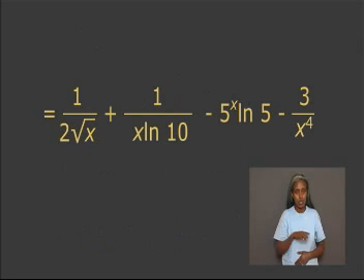We find that f'(x) equals 1 over 2 times the square root of x plus 1 over x times ln 10 minus 5 to the power of x times ln 5 minus 3 over x to the power of 4.